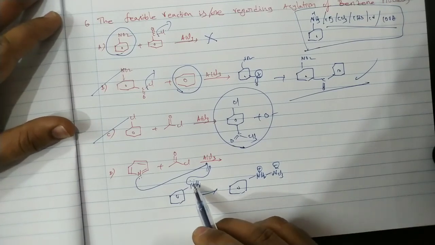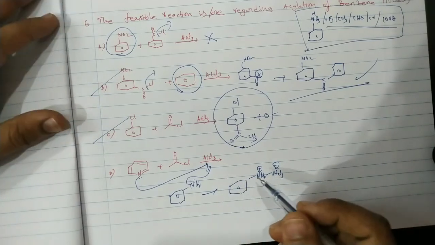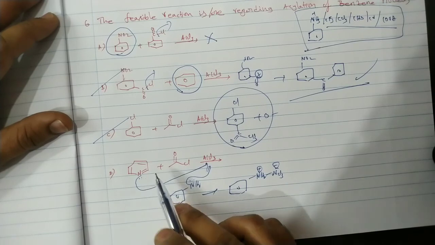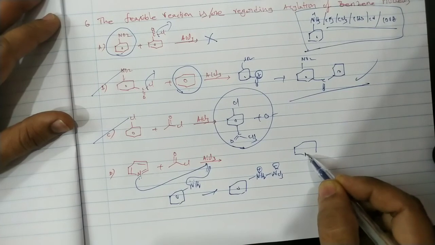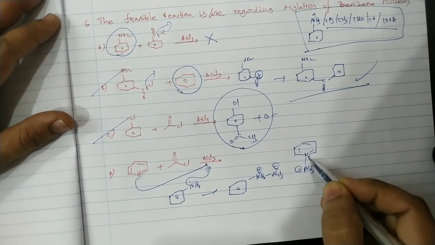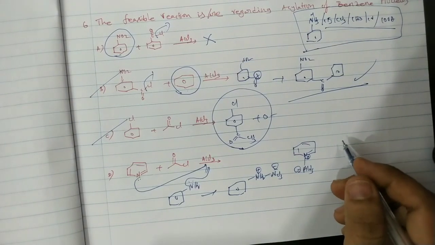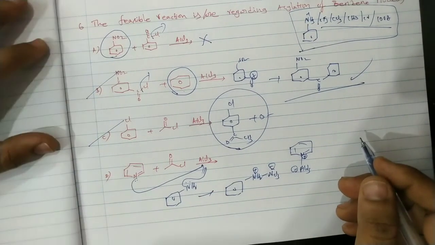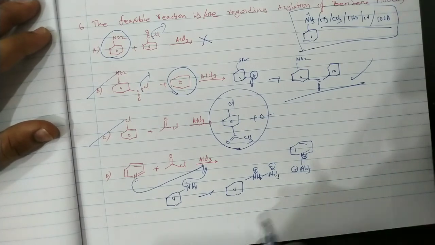That means by coordinating, by bond formation with AlCl3, that ring is deactivated. Here also the same story is applied. This nitrogen's non-bonding electrons form a bond with the AlCl3, so substitution is not possible. AlCl3 here minus, here plus, that means the positive charge of nitrogen highly deactivates the ring, so substitution is not possible. So pyridine also is not involved in Friedel-Crafts alkylation or acylation reaction, like aniline. Okay, that's it.